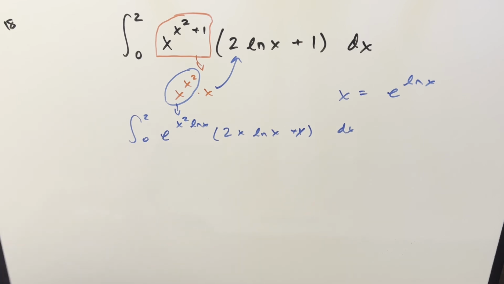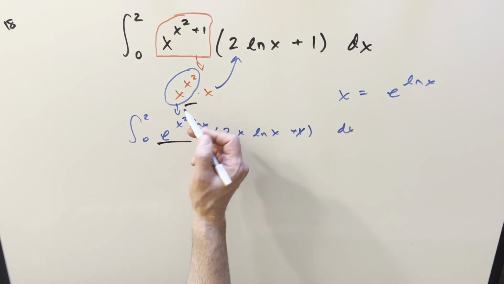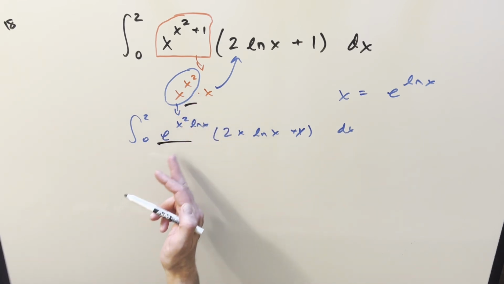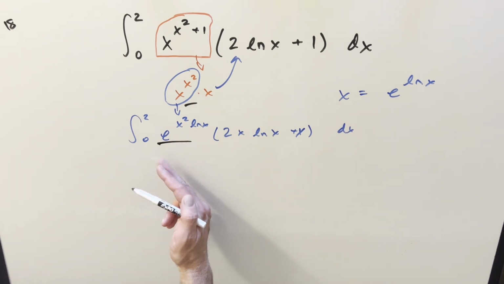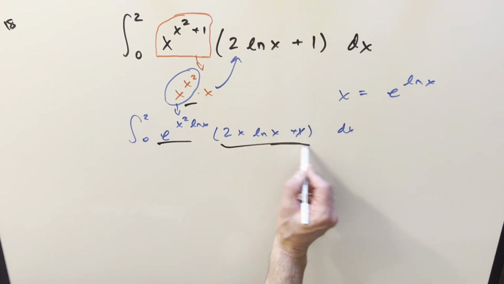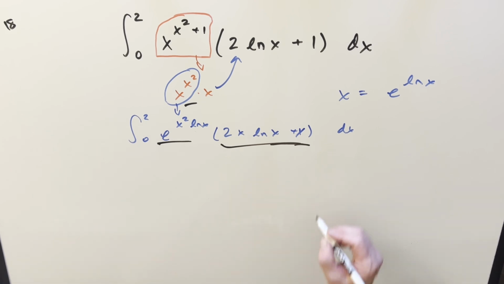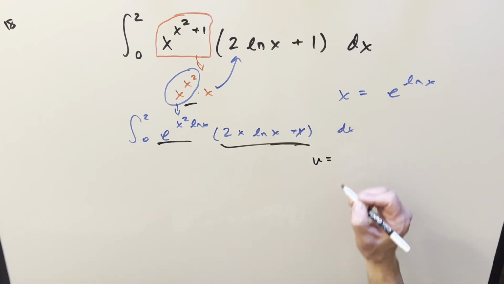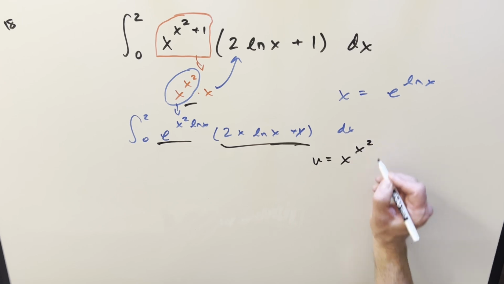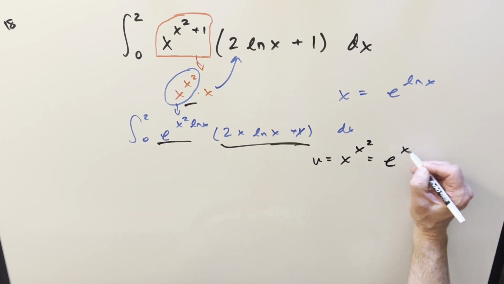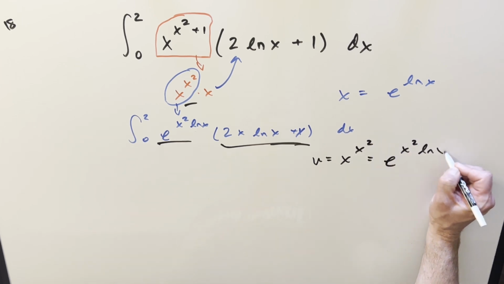But the thing I usually want to do with something like this is to know what the derivative is, because it makes me think that if we take the derivative, it's going to work out nicely with all this right here. So we might as well try a u substitution. We set u equal to x to the x squared, which is the same as e to the x squared ln x.